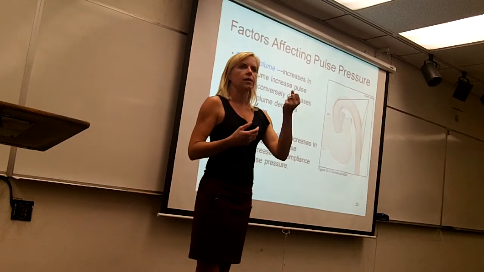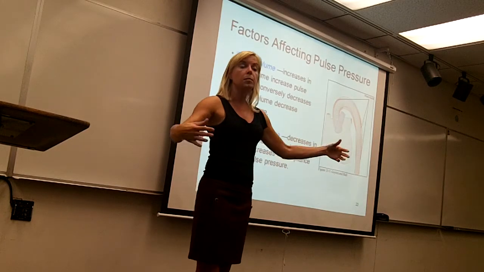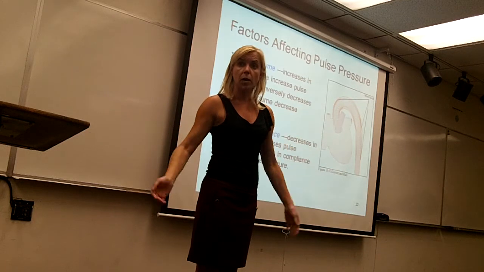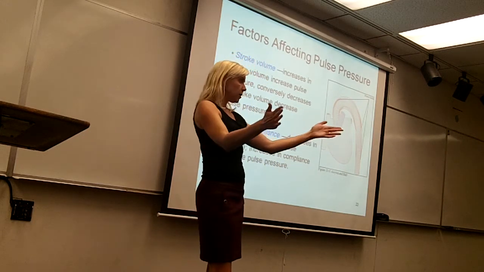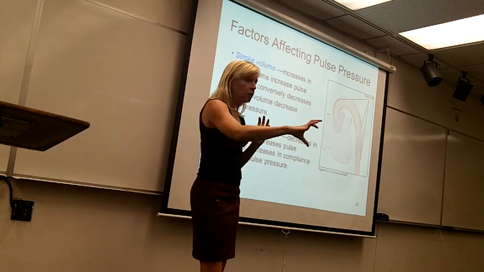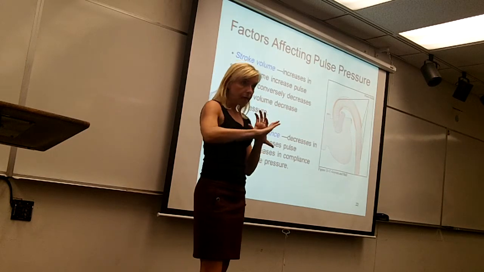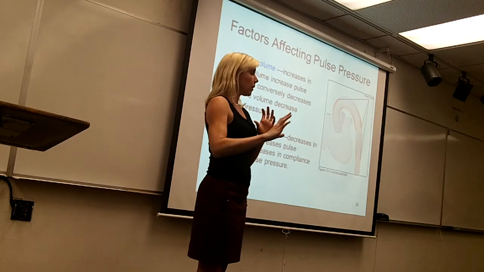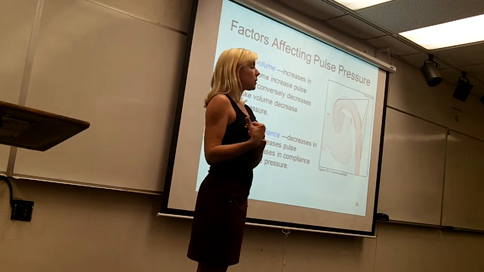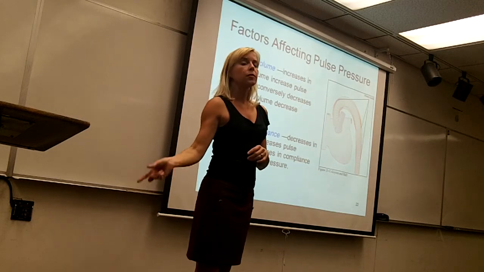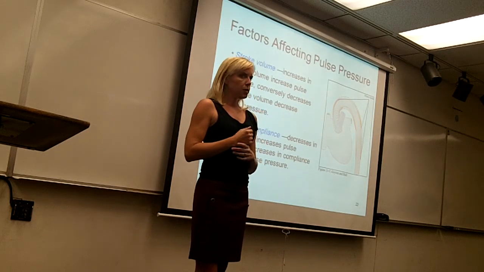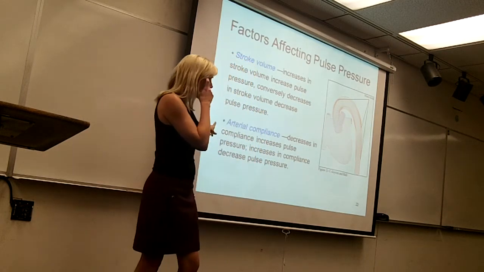If the heart ejects out more blood, then that means the blood vessels have to stretch even more, and systolic pressure would go up. The recoil would be just the same. There would still be the same amount of blood left in the blood vessel during recoil. Diastolic pressure would not be changed. So larger systolic, subtract from it diastolic, that means pulse pressure would go up.